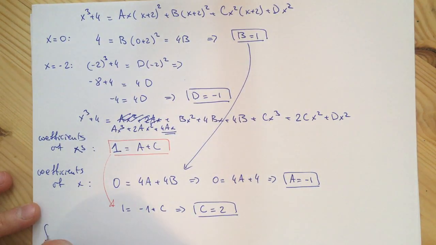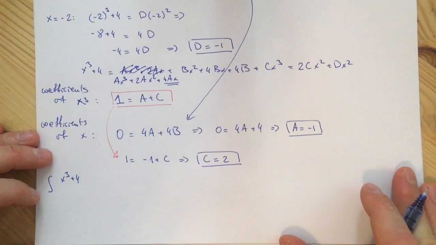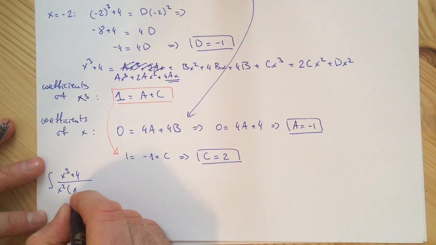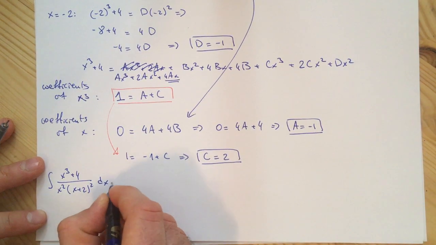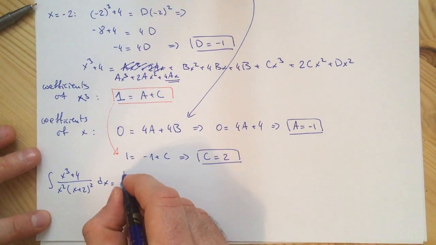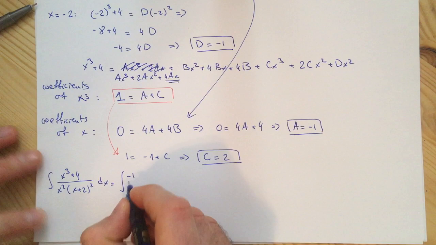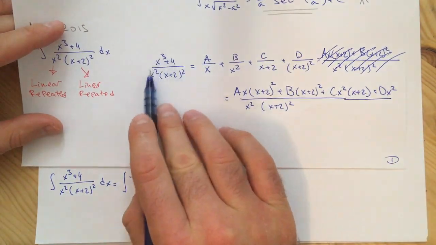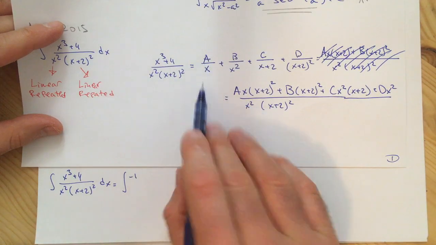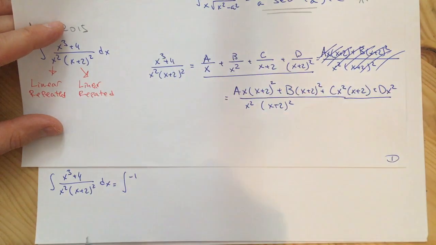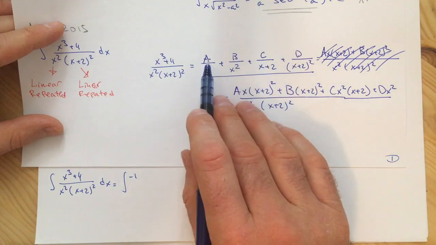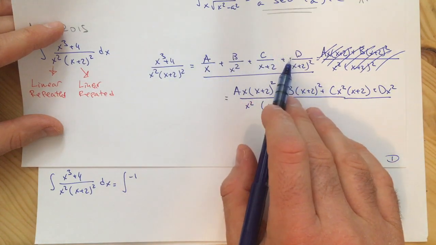So here the integral of (x cubed plus 4) over x squared times (x plus 2) squared dx is equal to the integral of -1. So I'm basically rewriting this expression as this sum of rational expressions with the appropriate a, b, c, and d.